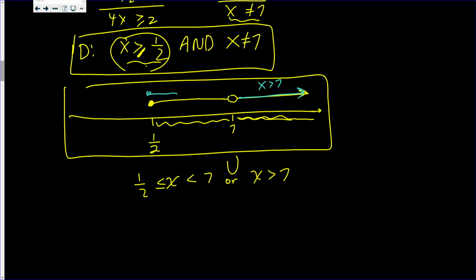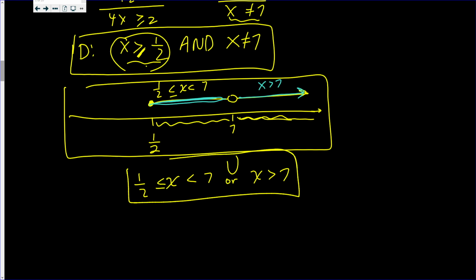Well, this piece here is in between. It has a start and a finish. x is in between a half and 7. So this is another way of writing it. Depending upon what your teacher wants, it might be, write it one of those ways.